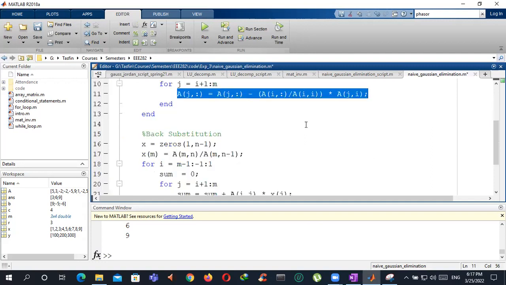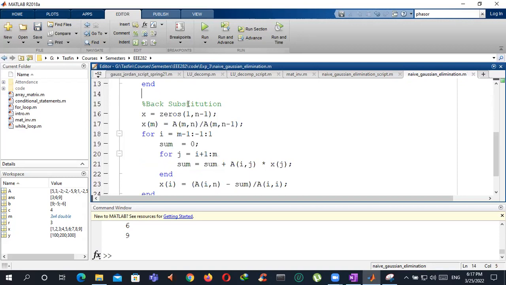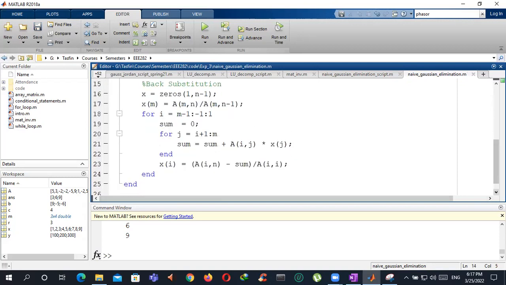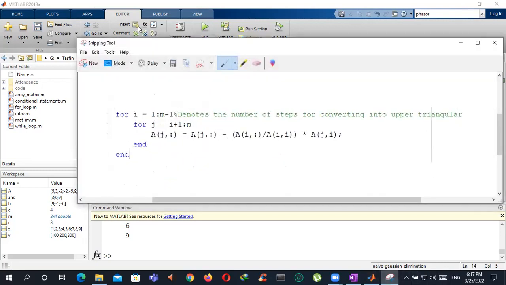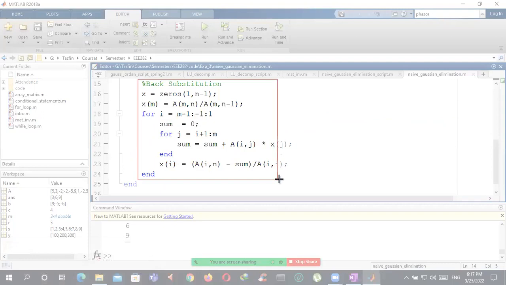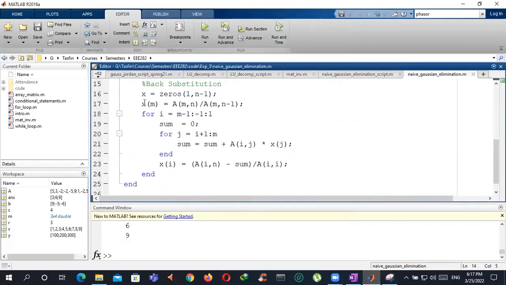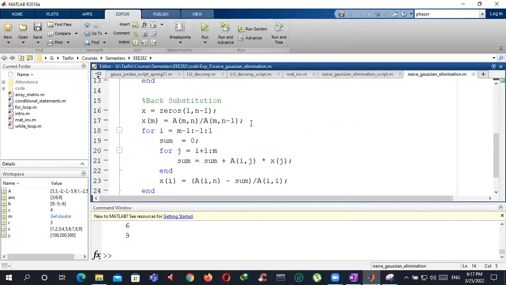Okay, so that's the thing here, and then comes the last step, the backward substitution, right? So if I just snip this part once again, I'm going to explain it fast. After this portion, our session will be ended.